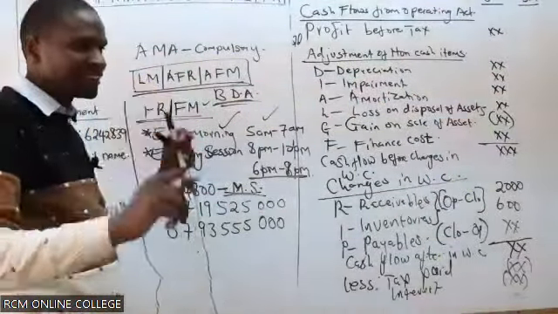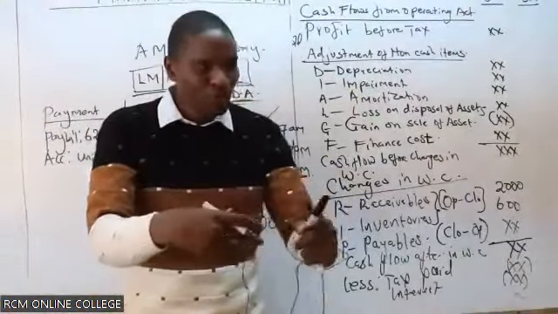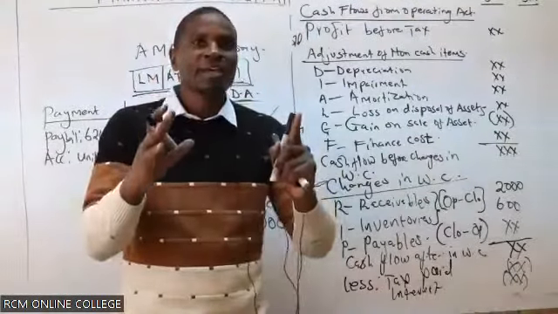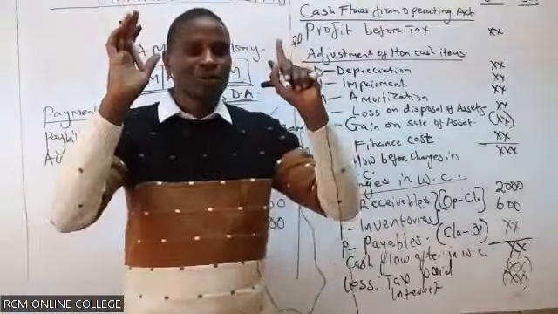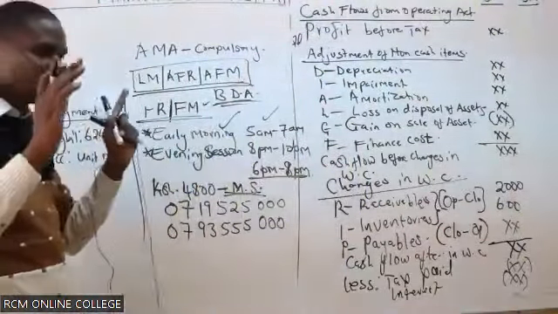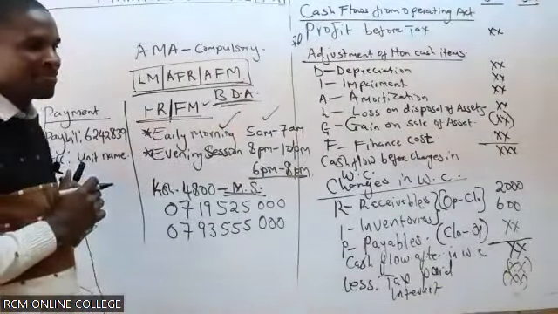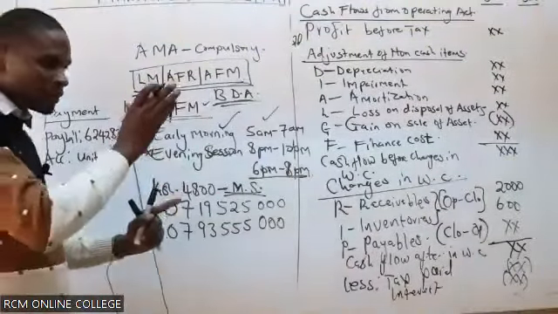Are we together? Even those of us in intermediate level, know that AMA has now become compulsory. Those are good news. Are you getting the good news now? AMA. If you go to advanced level from intermediate, you get it there.